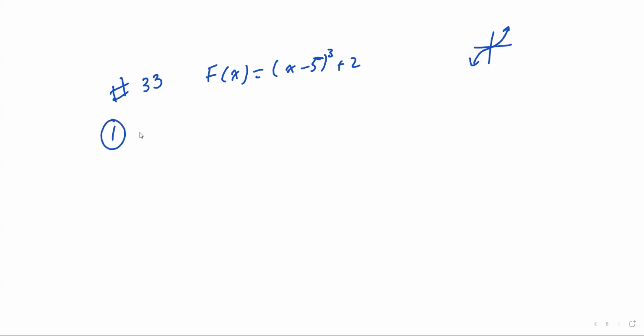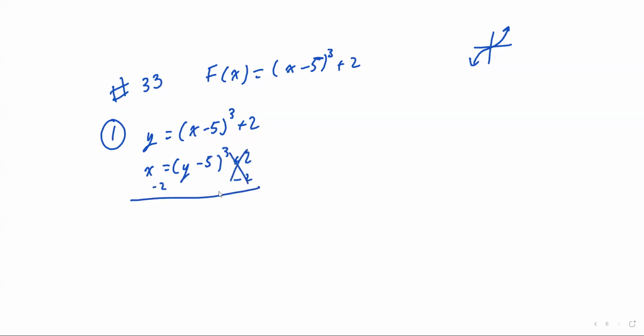So I'm going to change f of x to a y. x minus 5 cubed plus 2. Switch my x and my y. And then start solving. So I'm going to subtract 2. So I get x minus 2 equals y minus 5 cubed.